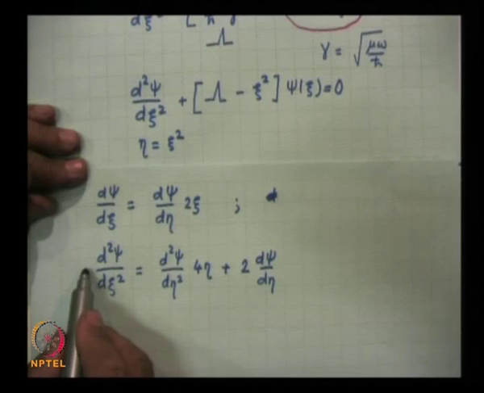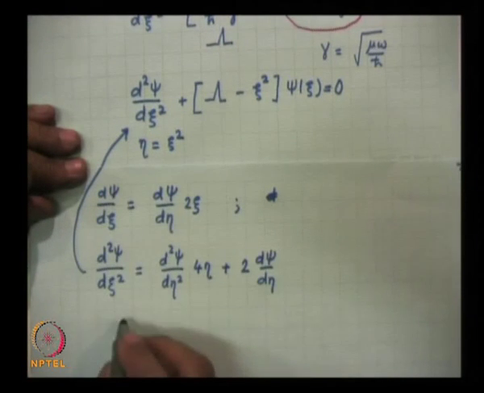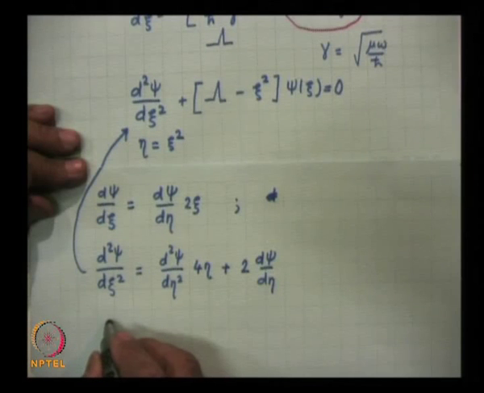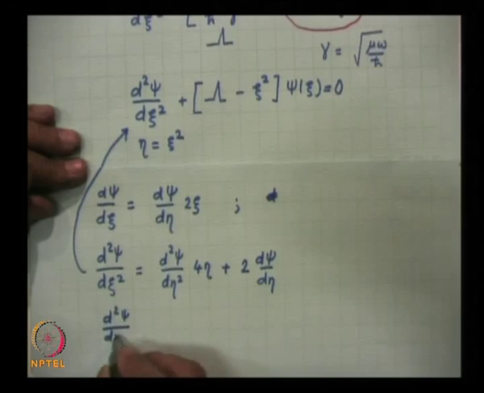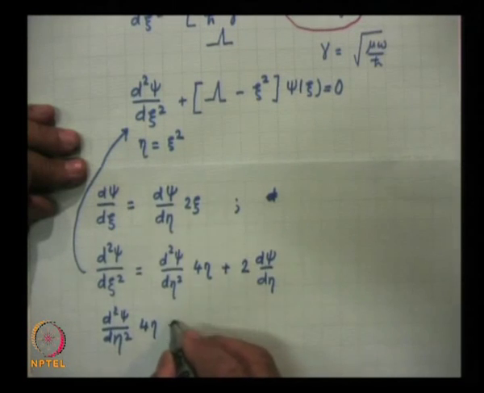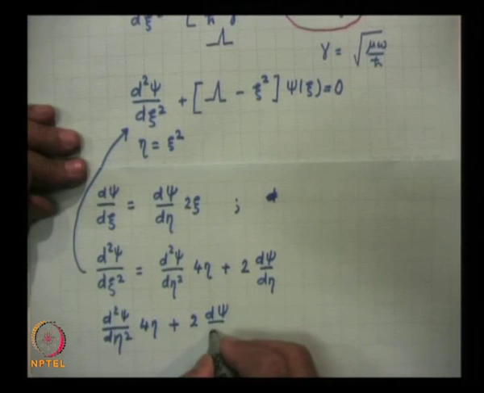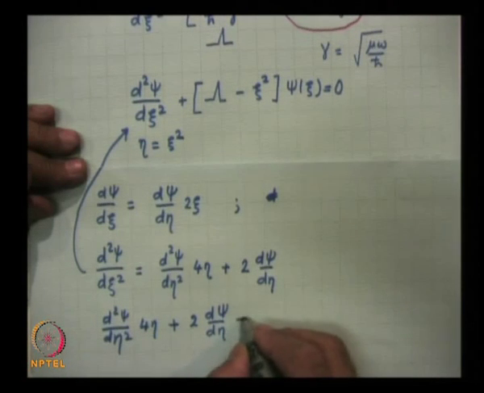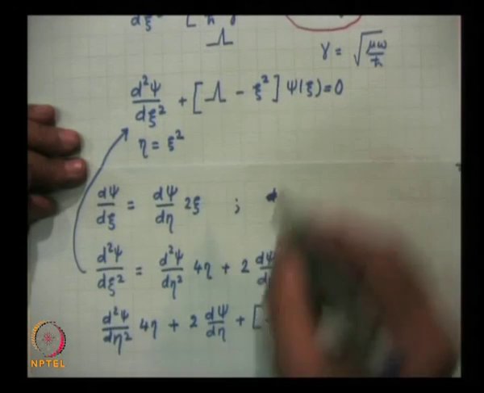So, I substitute this in this equation. So, I get d2 psi by d eta square 4 eta plus 2 d psi by d eta plus lambda xi square is eta.